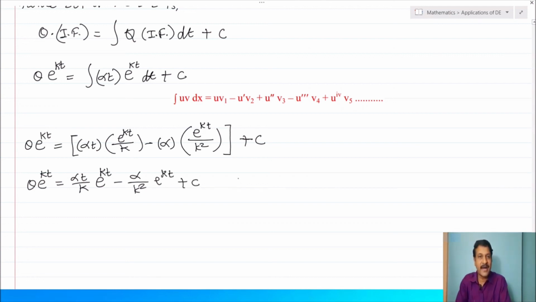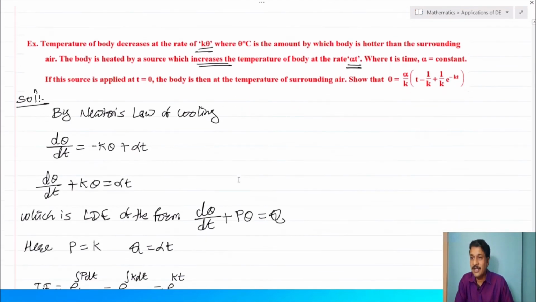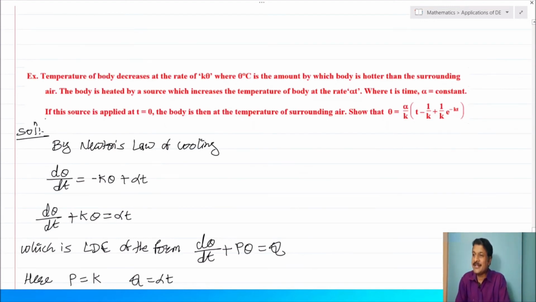Now we want to find the integration constant c, so definitely we have to use the initial condition. What is the initial condition? Note that if this source is applied at t = 0, the body is at the temperature of the surrounding air. It means there is no change, so θ is also 0 there.